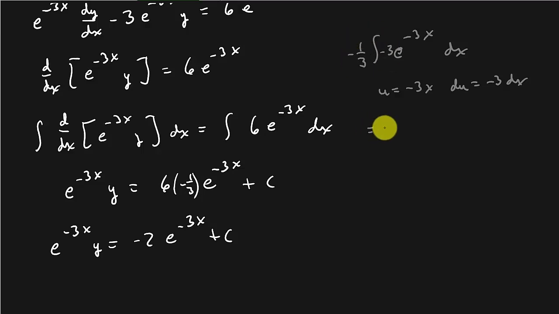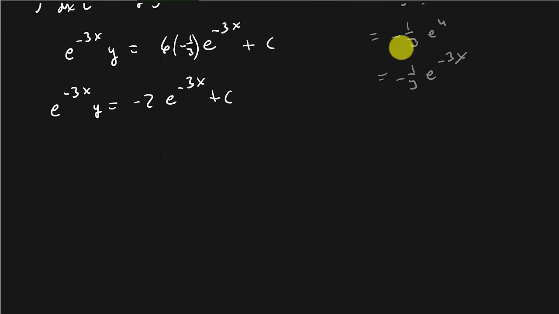So that's negative 1/3 integral e to the u du when we make our substitution. And so that's negative 1/3 e to the u, which is going to be negative 1/3 e to the negative 3x. And so that's where this part comes from. You should be able to do that in your head, but in case you were confused about it, I just went ahead and showed you.